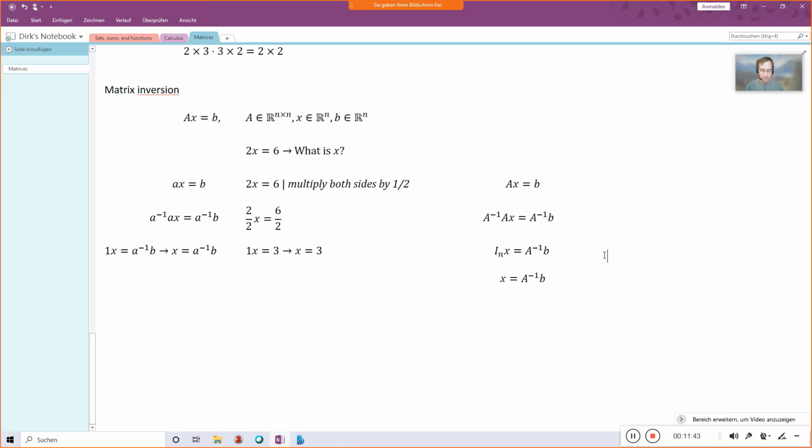The identity matrix is just an n times n matrix with all 0 elements except for on the diagonal where it's 1. So it looks like this.